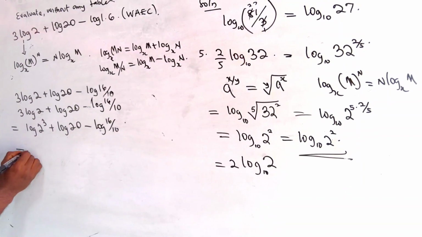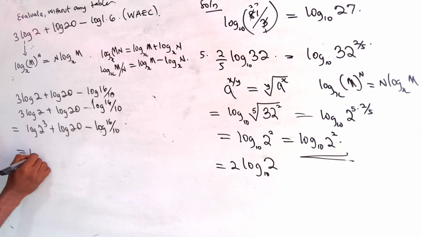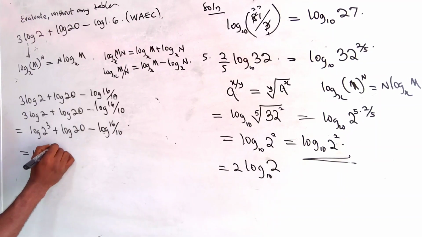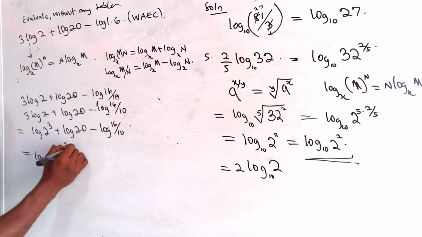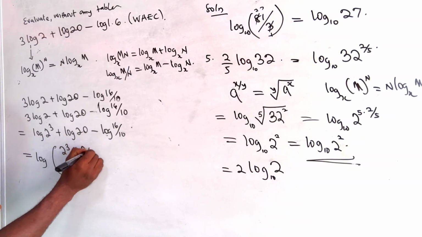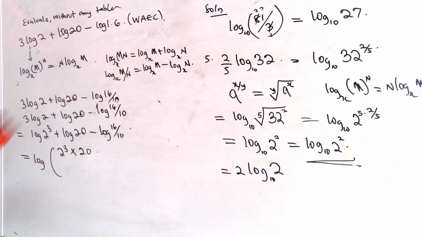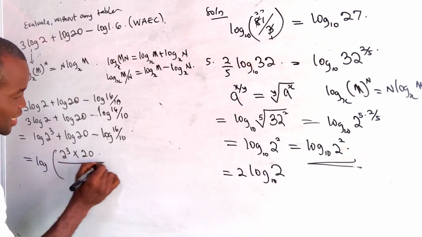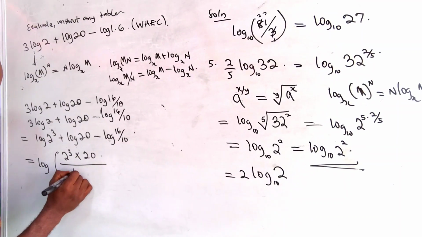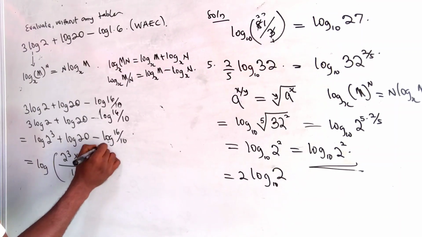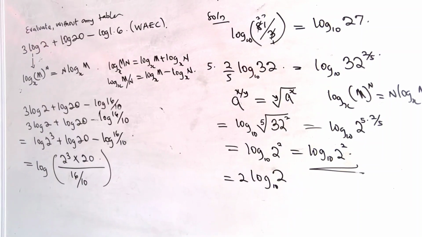So therefore, what do you have? You have this one as everything into 2 raised to power 3 multiplied by 20, divided by 1/6 all over 10. That's all we have.